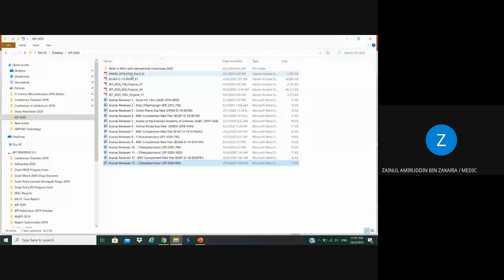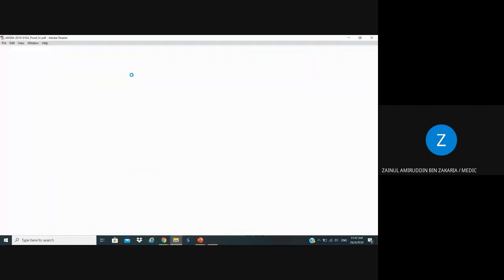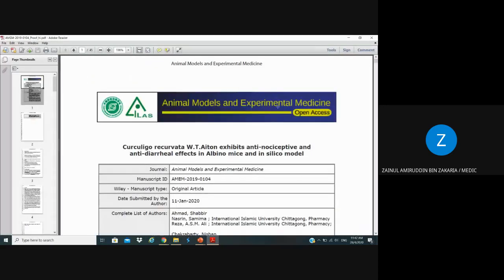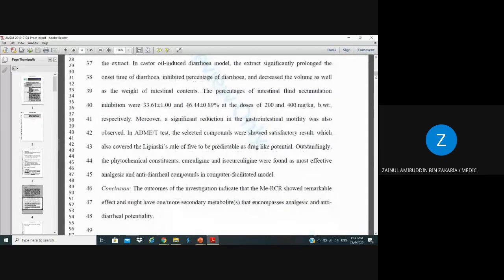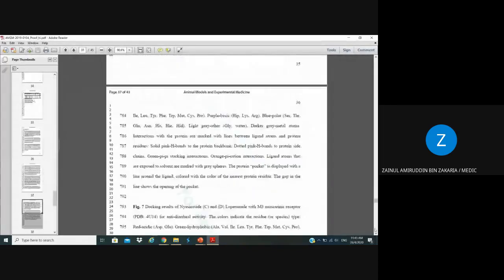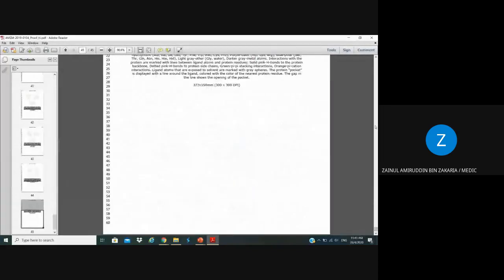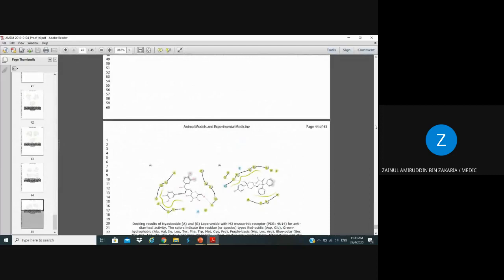I show you some more. This is the molecular docking process of a compound near a site. Also similar to QSAR.